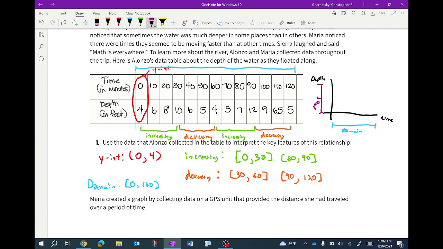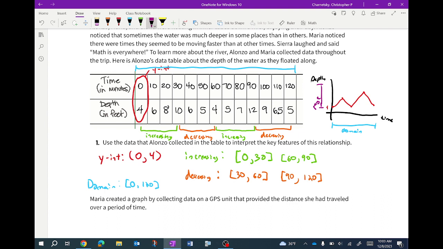So our graph starts at 4 and we go up to 10 and then we're back down to 4 at some point. Then we go up to 12 and then we're back down to 5. So our graph is looking something like this. So the lowest value for our range is 4.